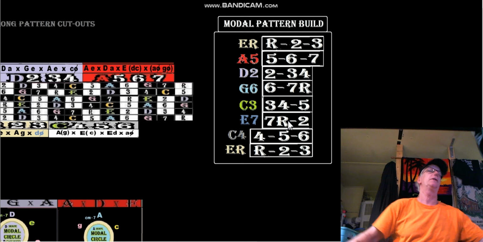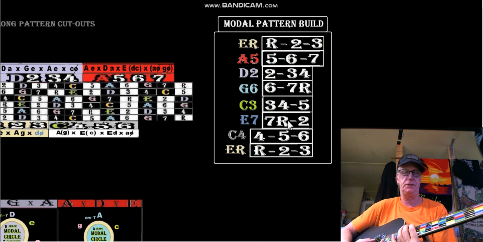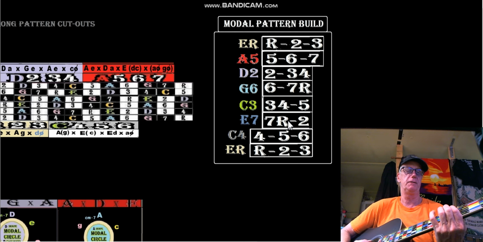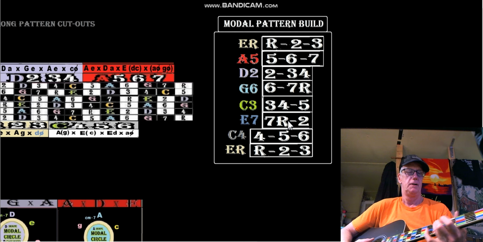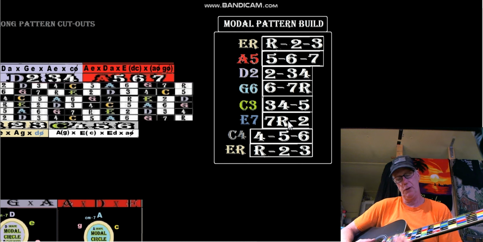So we can start on 7 root 2. I'll just be playing in the key of C usually, so you'll see 7 root 2 up here, as opposed to down here, which would be in the key of F, or even in the key of E. Okay, so I usually do it in C, so it'd be 7 root 2, 3, 4, 5, 6, 7 root 2, 3, 4.